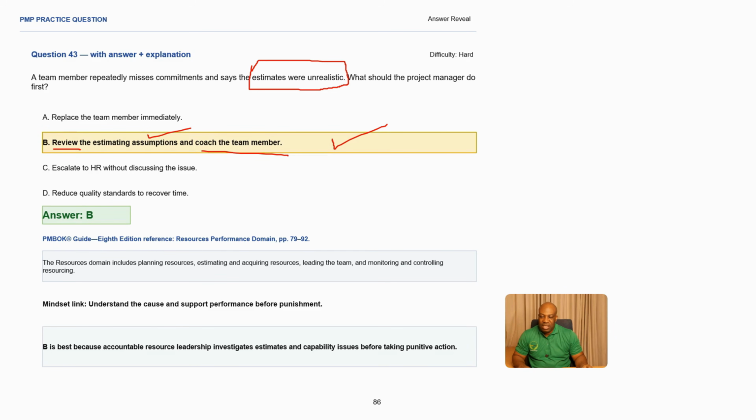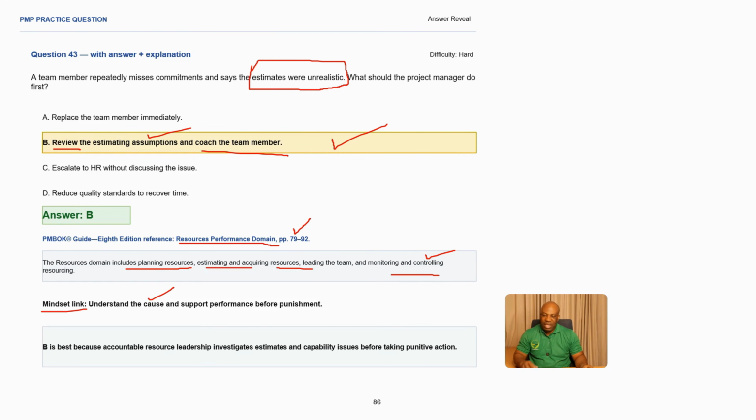And what is our reference in PMBOK? We are referring to the resource performance domain, which is on page 79. What does it say? It says the resource domain includes planning resources, estimating, acquiring resources, and also leading the team, monitoring and controlling resources. And what is the best mindset you can use for this question? You need to understand the cause, which is very important.